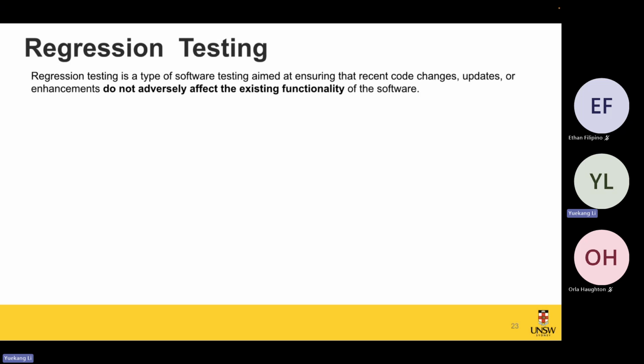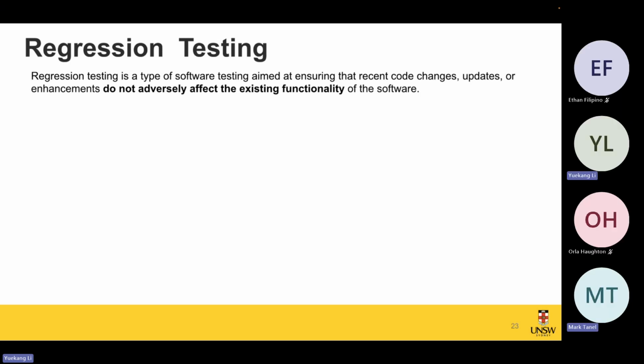In most cases, we are not developing all the features at once. We develop maybe the first prototype, and then we add some new features to it. How do we know that the newly added feature doesn't break or affect the existing functionalities we have already implemented? This needs regression testing.